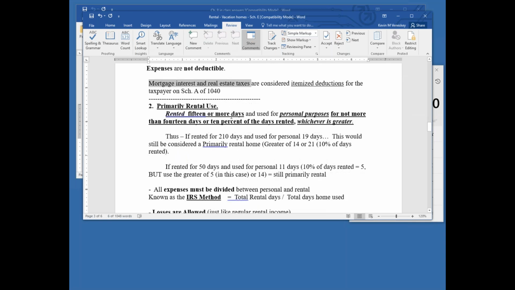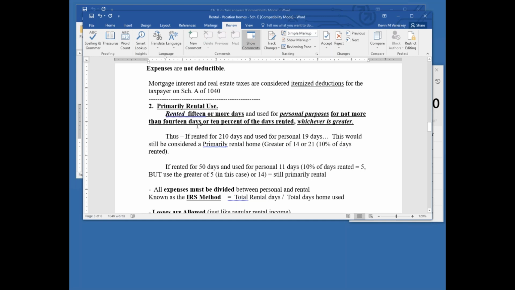All right, when it's primarily rental, so notice the definitions here: rented out 15 or more days, and now this is where you have an option. It's personal use of not more than 14 days or 10% of the days rented, whichever is greater.